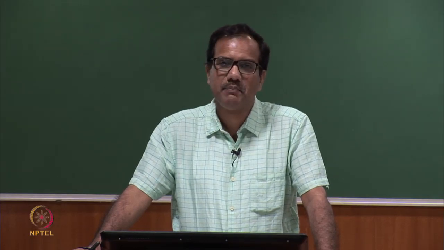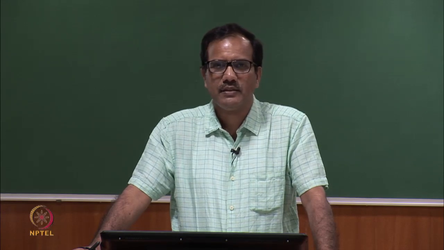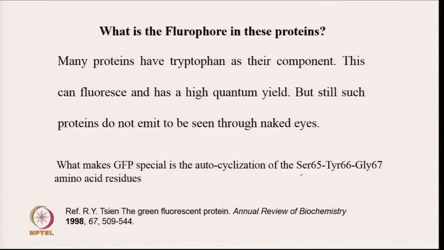So, what makes GFP, green fluorescent protein, special is the autocyclization of three residues: serine 65, tyrosine 66 and glycine 67. GFP has this tri-amino sequence which undergoes autocyclization in the presence of light, and that makes it fluoresce more.